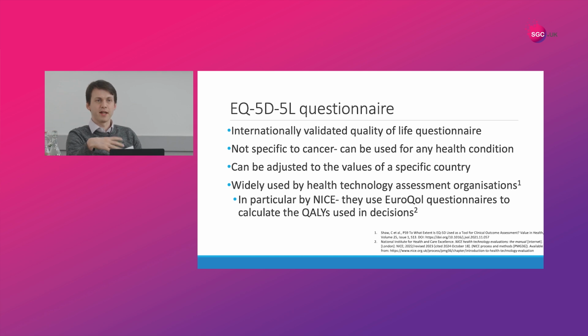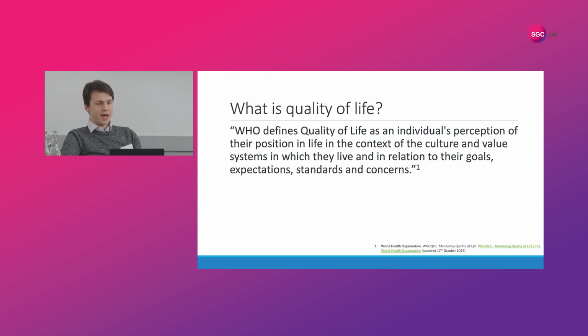The EQ5D5L is internationally validated. It's being used in a lot of different countries around the world. It's not specific to cancer, so it can be used for any health condition, and it actually can be used in people with no health condition as well. One of the key things about it is that we can adjust the output to match the values of a specific country. If we go back to that World Health Organization definition, you'll notice it mentions the context of the culture and value systems in which someone lives.